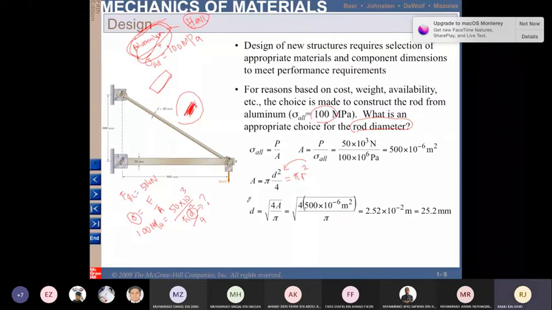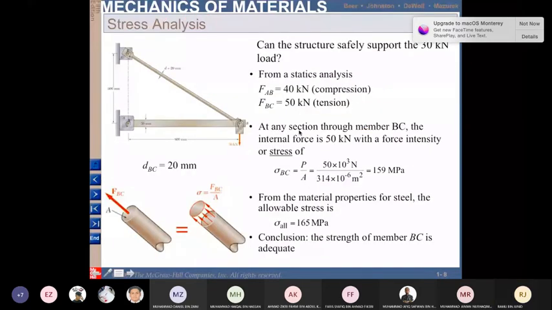So if you solve this problem, you will get D is equal to 4 times... Malas saya nak tunjuk. Nak saya tunjuk kat tu. So this is your 100.